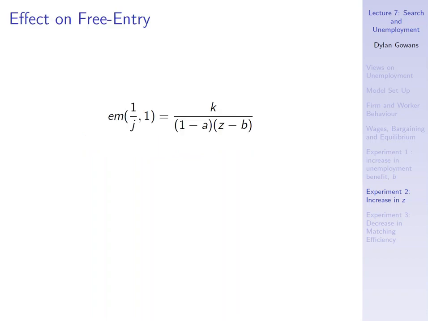So again, let's start by going over our two major equations that determine equilibrium. The first one is free entry, which is going to determine J. So when Z goes up, that's going to be a larger total surplus. However, one result of that is that the surplus for the firm will also be larger.